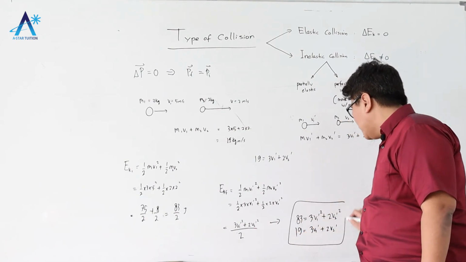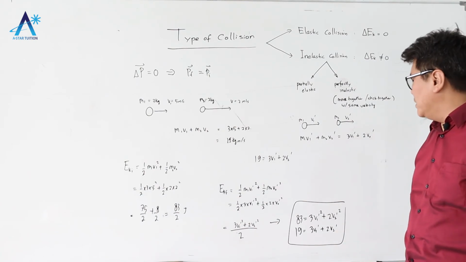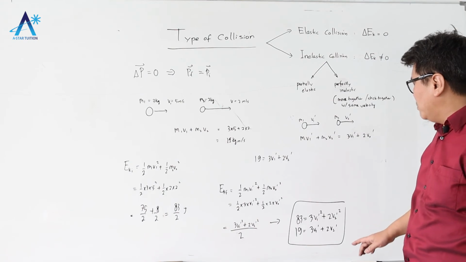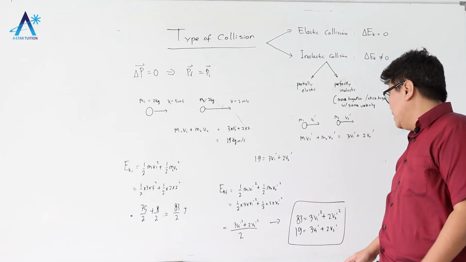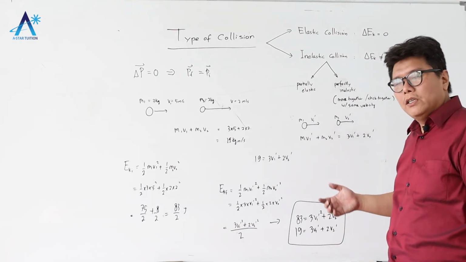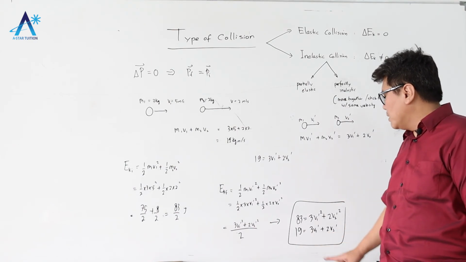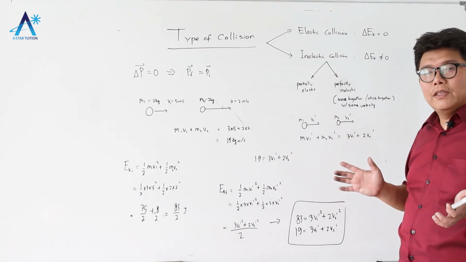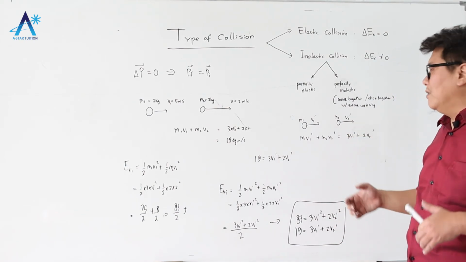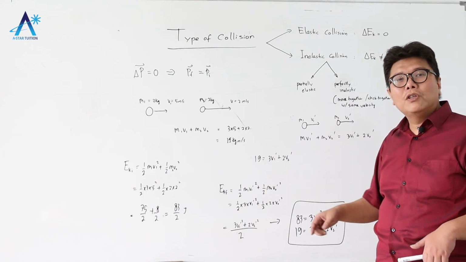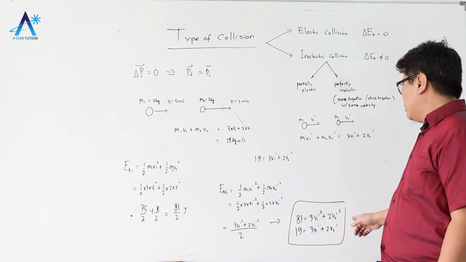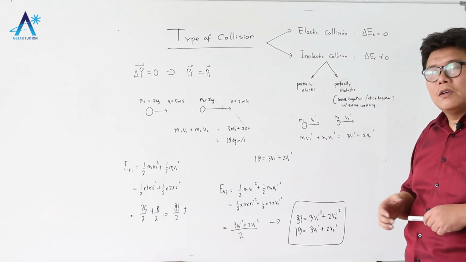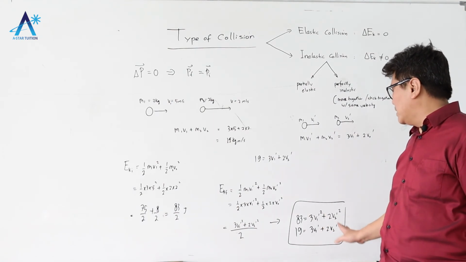So then you have yourself a simultaneous equation, one linear, one quadratic. This is solvable by substitution. You can write v1 prime in terms of v2 prime and then substitute into the other equation, and you can solve it. It's a bit of a lot of work if you want to do it by hand, but you can also use software or a computer to help you find the solution.